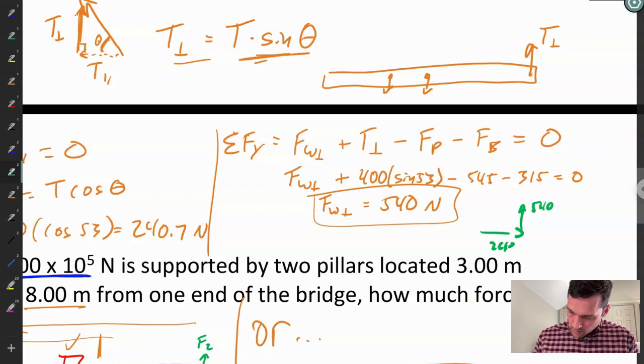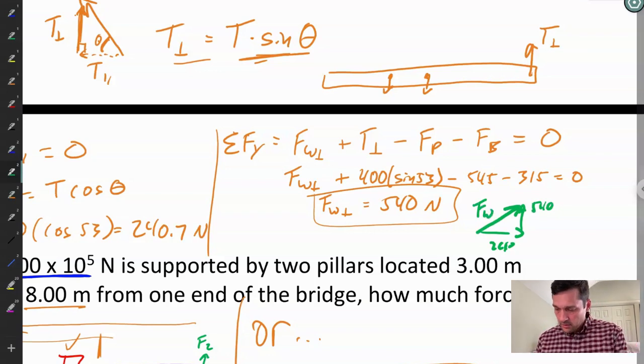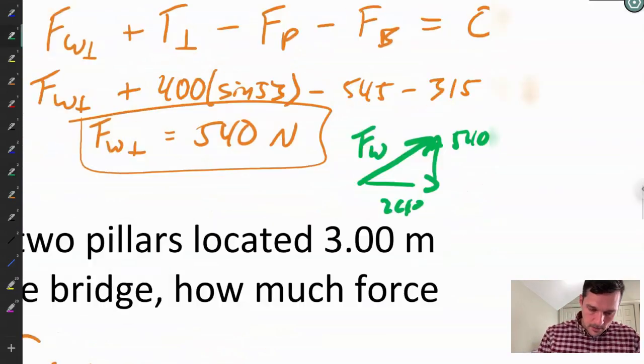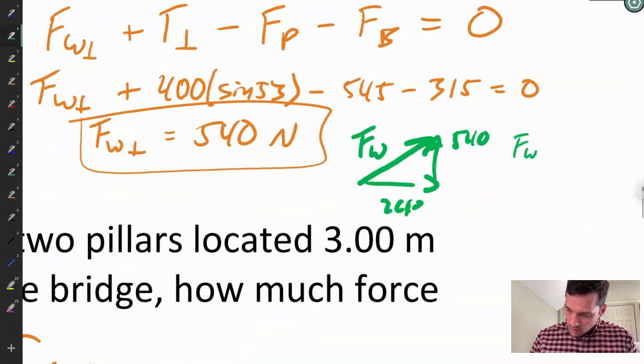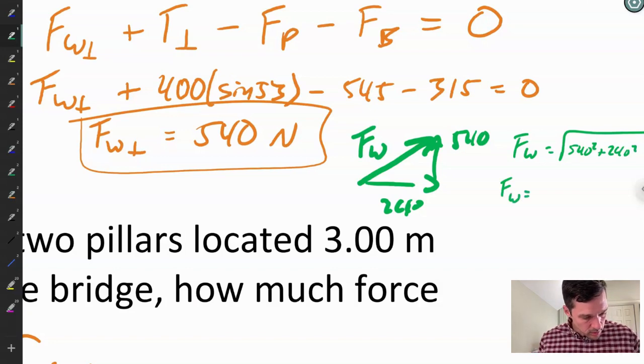And what we're looking for in the final end is the force of the wall, which would be the Pythagorean theorem of those two things. Force of the wall is going to equal 540 squared plus 240 squared, square root of all that stuff, which is 591 newtons.